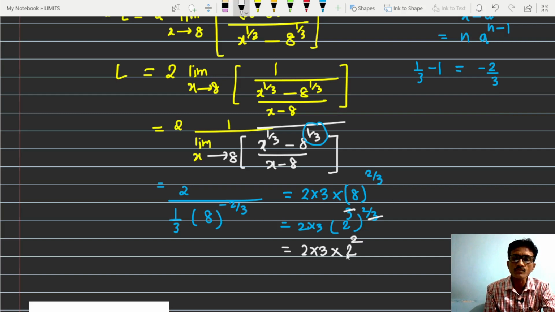So 2 square is 4, 4 into 6, 24 will be the answer. Yes.